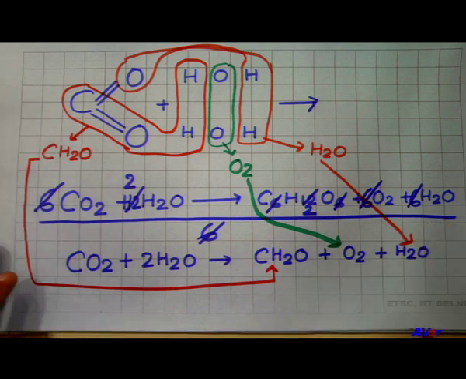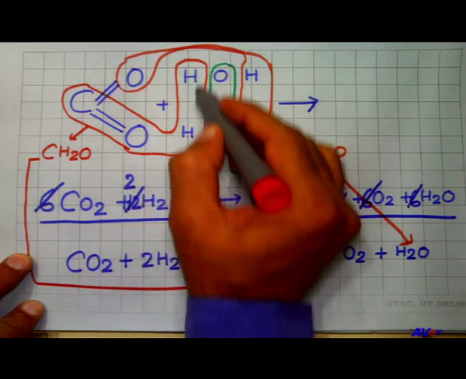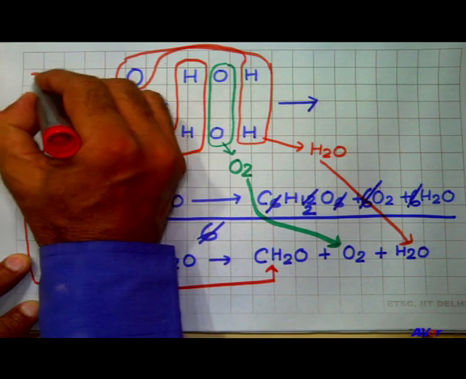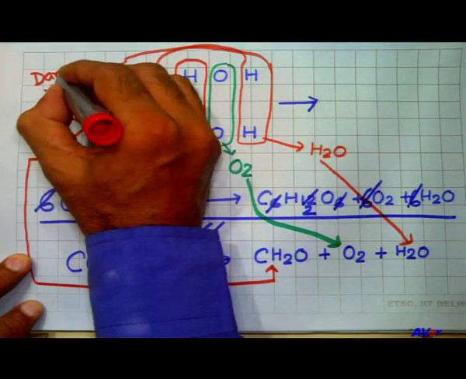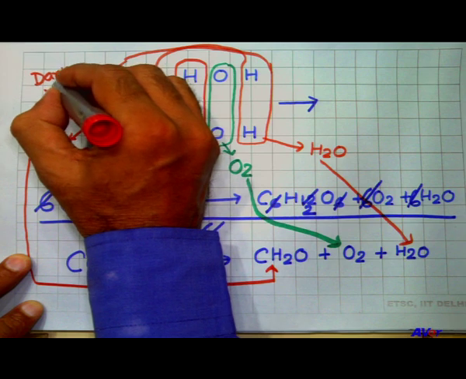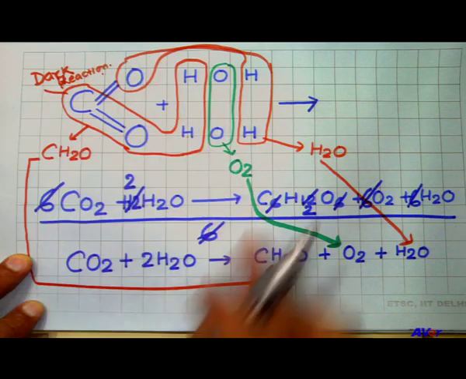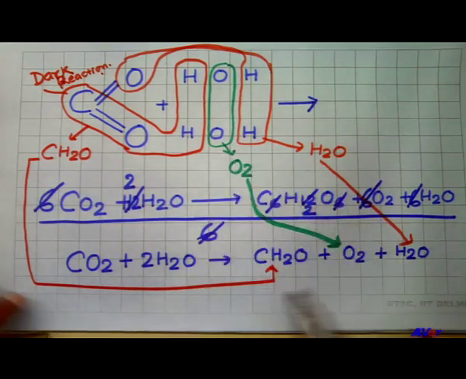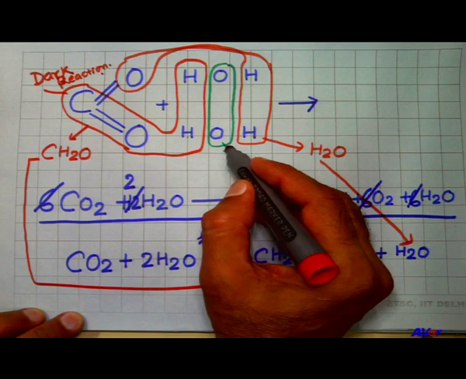So, this reaction tells us that carbon dioxide is going to be reduced. It takes place in the absence of light, so it is called dark reaction. And this oxygen is released during the photolysis of water, as I have already discussed.